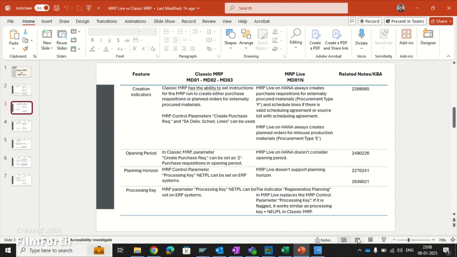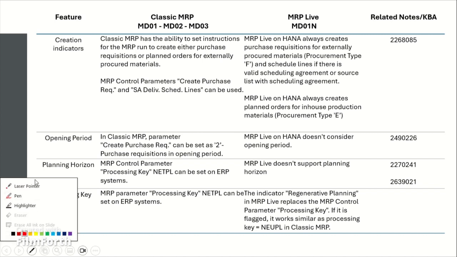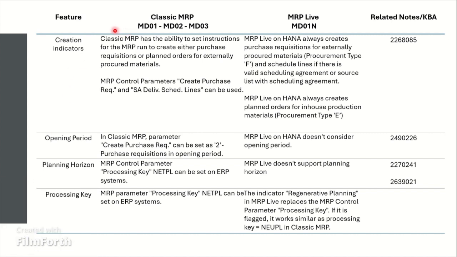And then we have the creation indicators. So in the classic MRP, we basically have the creation indicators like the MRP control parameters, let's say to create a purchase requisition and schedule line creation, and so on. And we also have these options to either create a purchase requisition or a planned order based on the planning horizon.